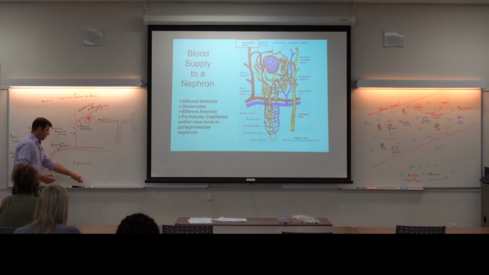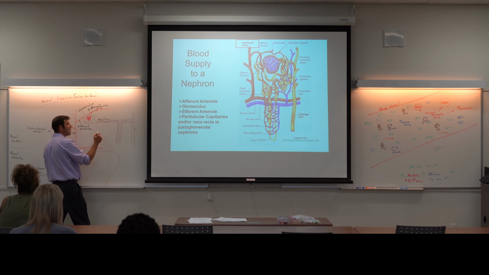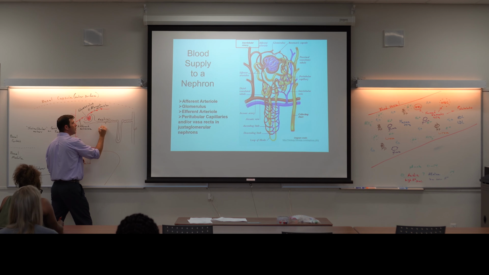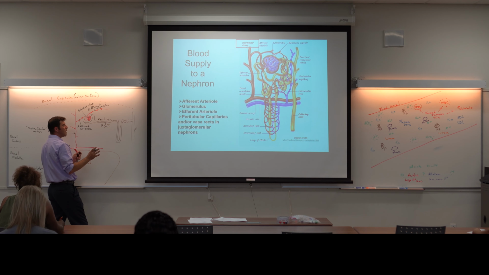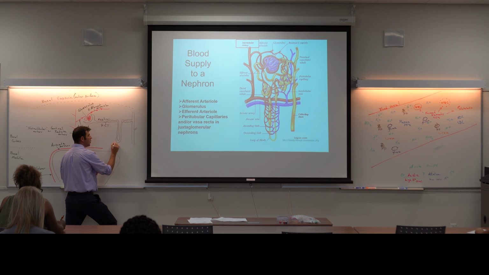I'll abbreviate just parts of this. We will elaborate. We're going to see that the first part of this nephron tube, we're going to call the proximal convoluted tubule. And I'm abbreviating this for right now, just to save myself some space. There's this loop that we're going to call the loop of Henle.